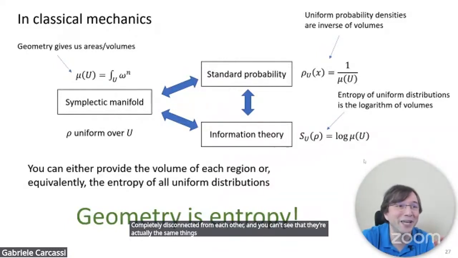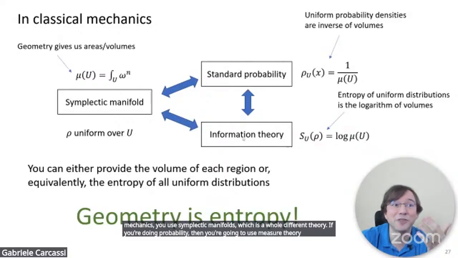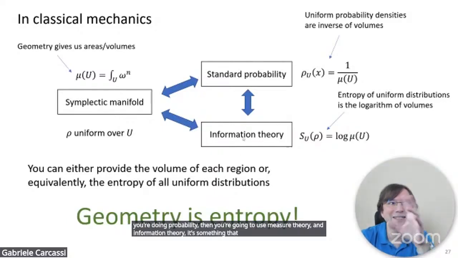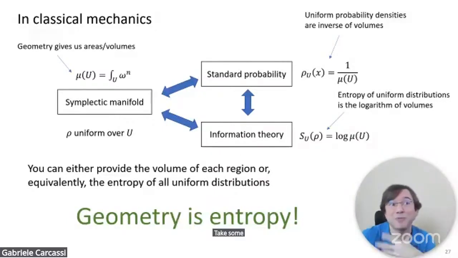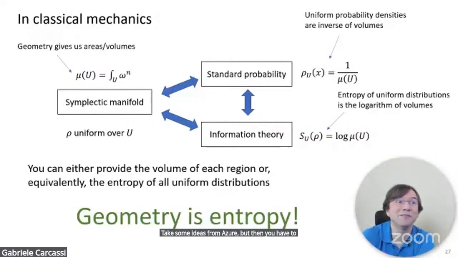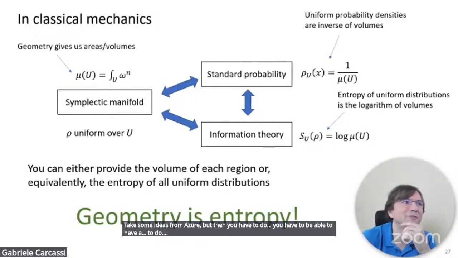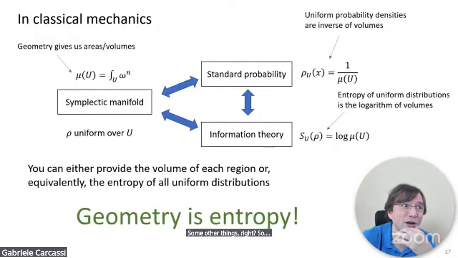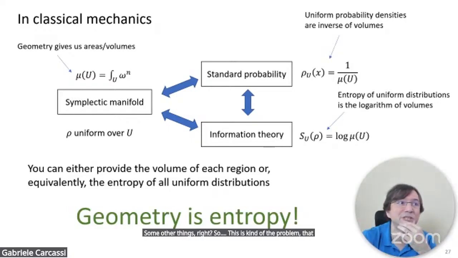If you're doing geometry in phase space in classical mechanics, you use symplectic manifolds, which is a whole different theory. If you're doing probability, then you use measure theory and information theory, which takes some ideas from measure theory, but then you have to do some other things. So the two theories seem to be disconnected.